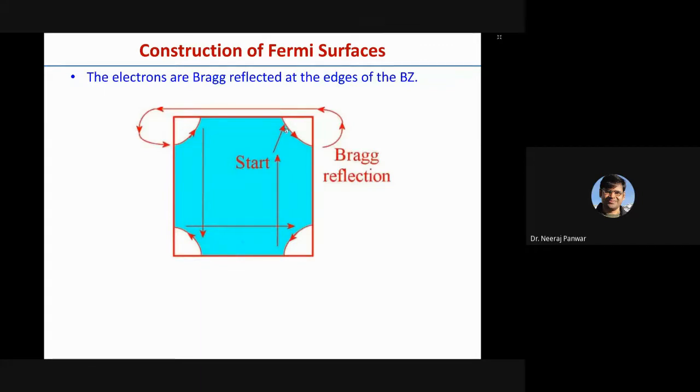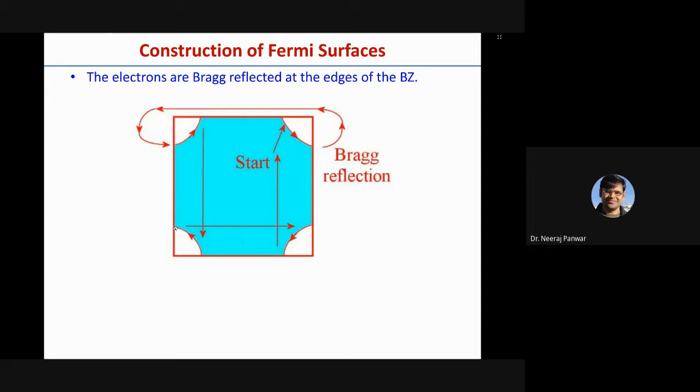So if the electron is very close to the zone boundary, you see the electron is moving like this. Once it reaches the zone boundary, it will be Bragg reflected. So it will go and appear at this point, and again it will start moving. When it reaches the zone boundary here, it will be reflected here, and it will start moving like this.